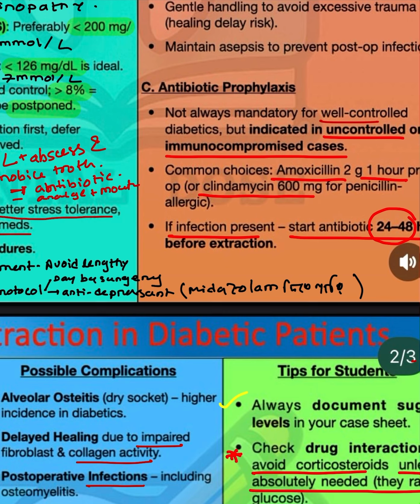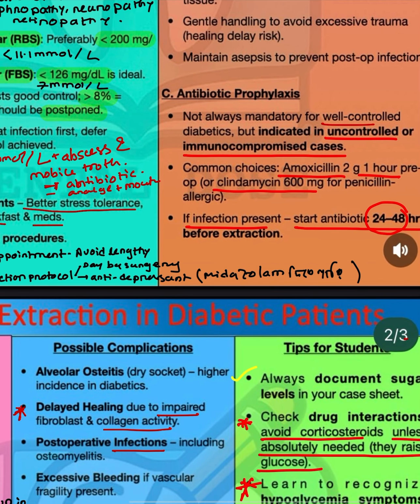For prophylaxis, we can give amoxicillin 2 gram 1 hour before the procedure. And if the patient is allergic to penicillin, then we can give clindamycin 600 milligram 1 hour before the procedure. And if infection is present, we can also start the antibiotic 24 hours before the extraction.